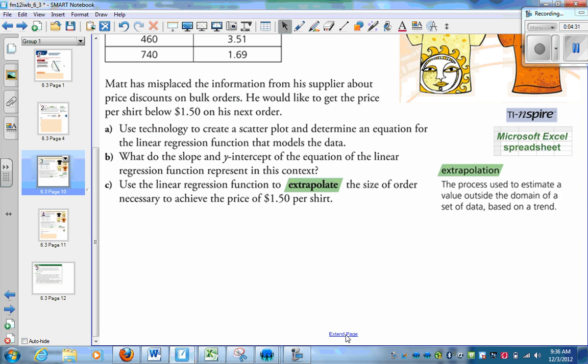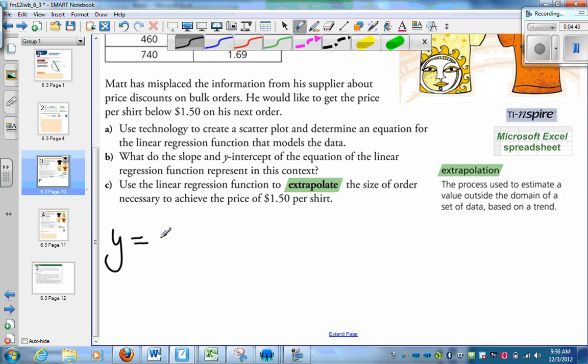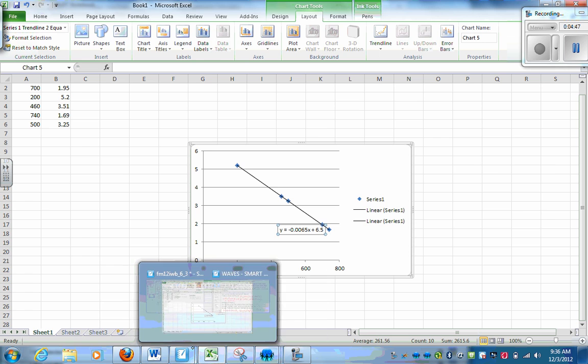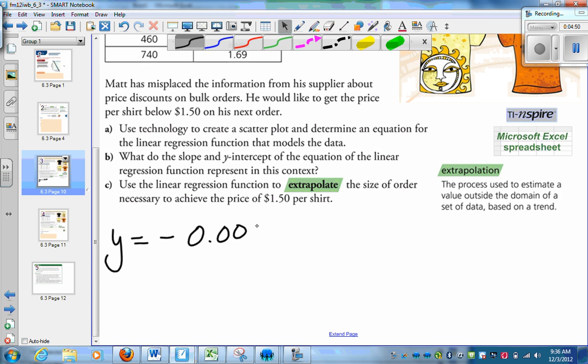Extrapolate means going beyond the chart. We're going to use the function to extrapolate. Just a reminder, that function was y equals negative 0.0065x plus 6.5.